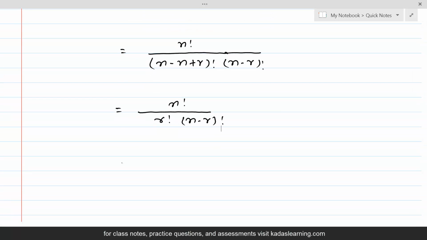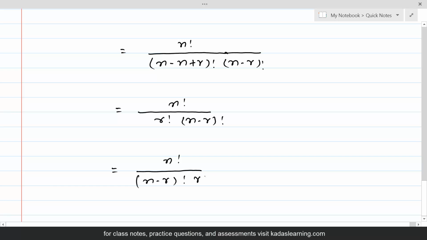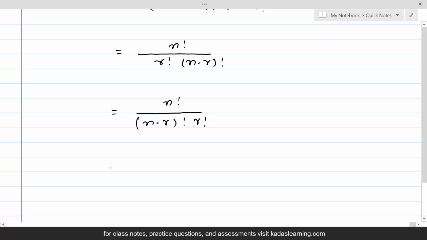And if we switch over the places, this will become N factorial over N minus R factorial times R factorial, and this is exactly the value of NCR from equation 1.